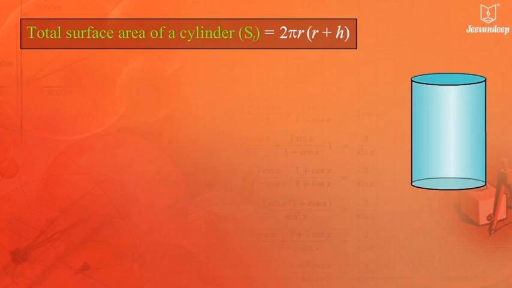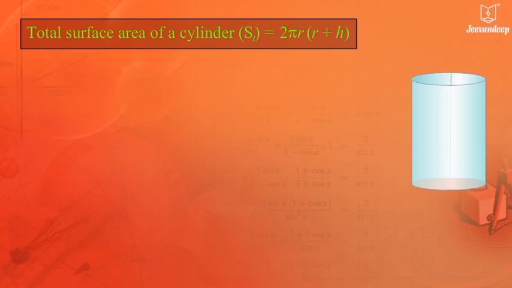Total surface area of a cylinder ST is given by 2 pi r multiplied by (r plus h).